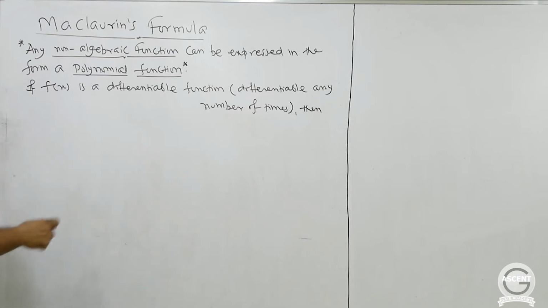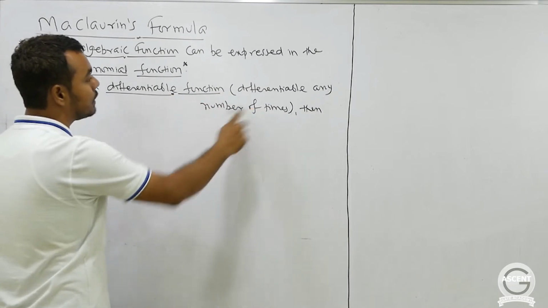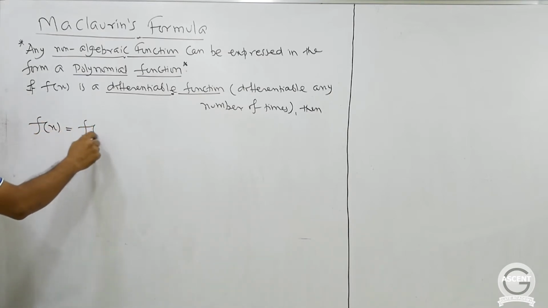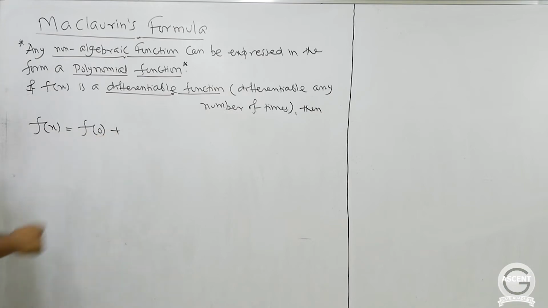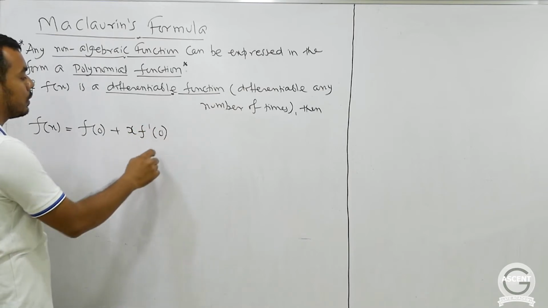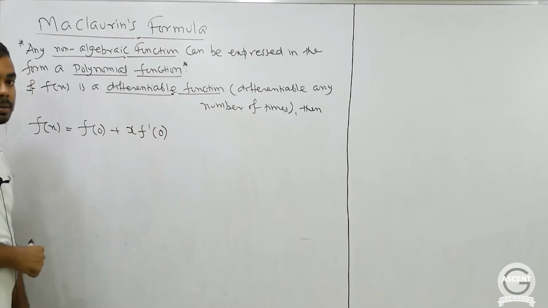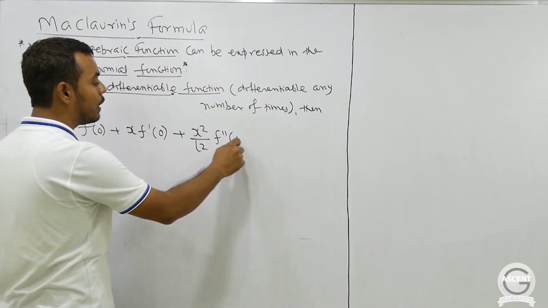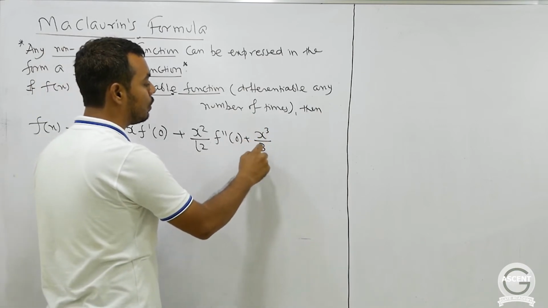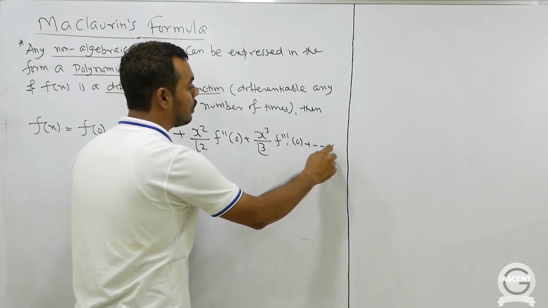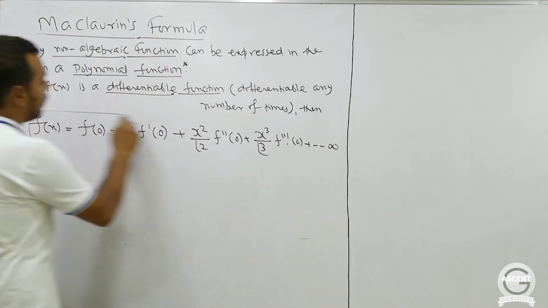So the formula is, if f(x) is a differentiable function, differentiable any number of times, then f(x) can be written in this form. f(x) will be f(0), f(0) means value of function at x equals 0, plus x into f'(0), where f'(0) is the first derivative at x equals 0, plus x square by 2 factorial, second derivative at 0, plus x cube by 3 factorial, third derivative at 0, and this will continue up to infinity. So this is a very, very important formula.